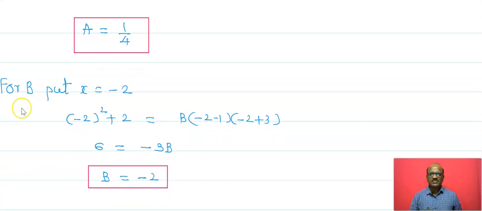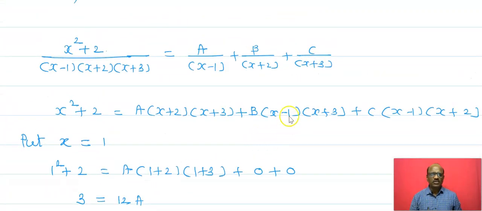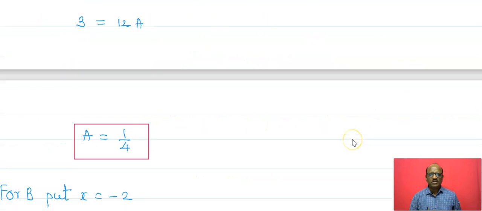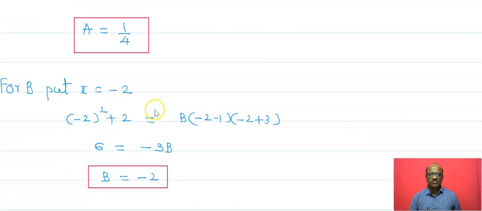For the next, to find out the value of b, a and c must be 0. Then what is the common for a and c? Put x plus 2 is equals to 0, means x is equals to minus 2. Then you will get the value of b, as a and c will be 0. Therefore in this case put x is equals to minus 2.